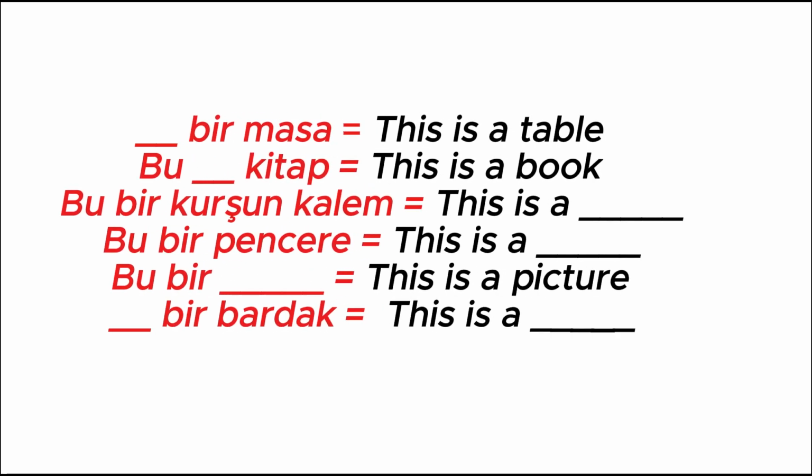Alright guys, so how about doing some gap fill exercises with the materials that we learned till now? Please right now pause the video and fill in the blanks with the correct words. Soon I will give you the right answers in blue. Let's do.